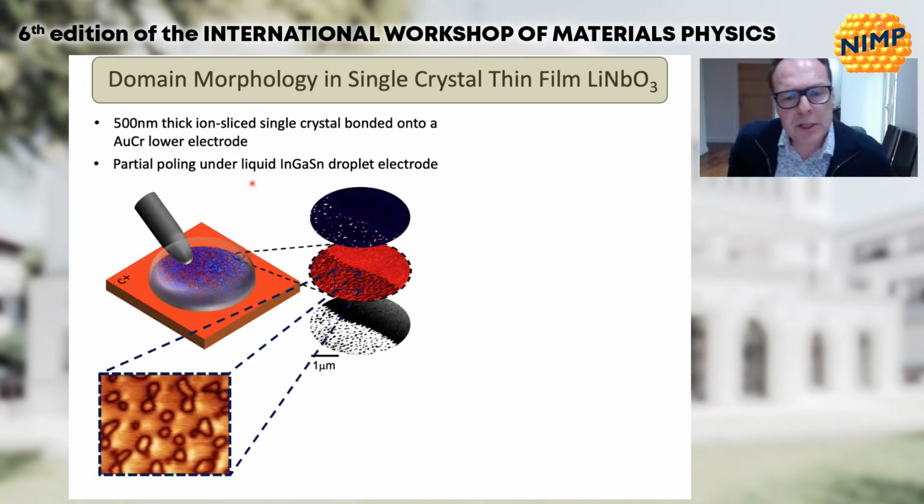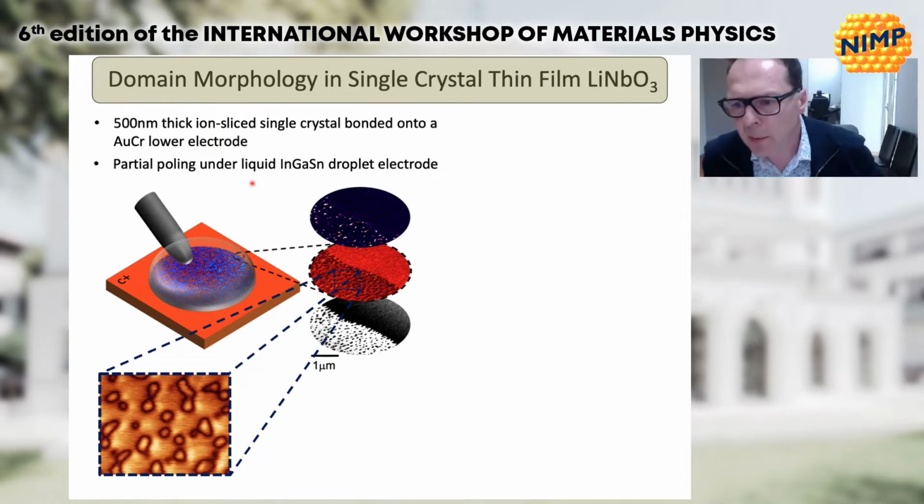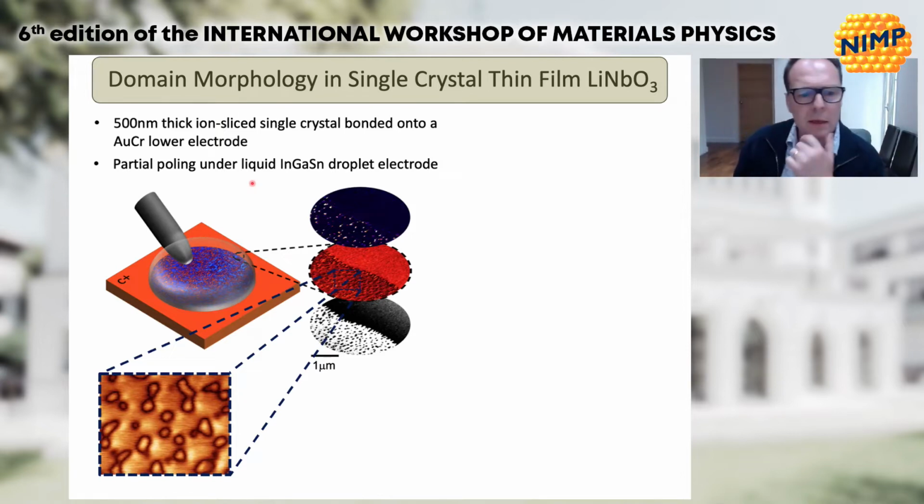Okay, now the first thing to note about this lithium niobate is the morphology of the domain walls themselves. So this is a plan view image of some domain walls just taken with PFM. And you can see that on the top surface, the locus of the domain wall is pretty much a whole series of circles.